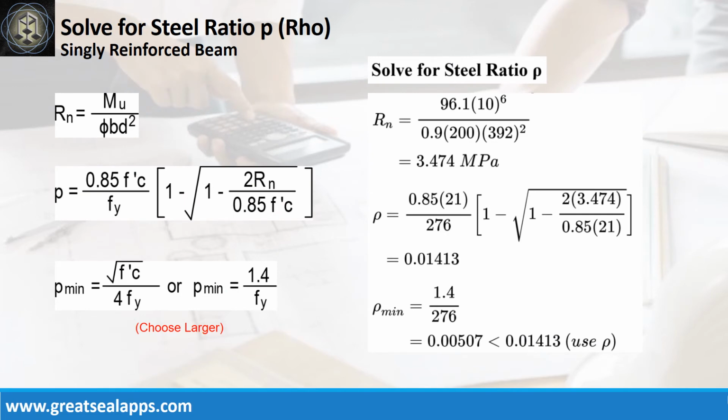Given maximum moment equals 96.1 kN meter, resistance factor equals 0.9, b equals 200 mm, and d equals 392 mm. The beam design ratio Rn equals 3.474 MPa, and reinforcement ratio rho equals 0.01413.